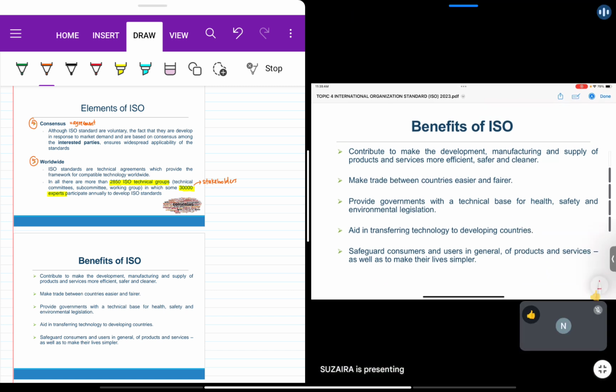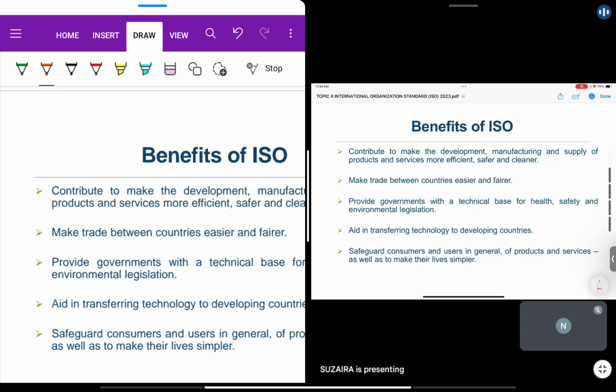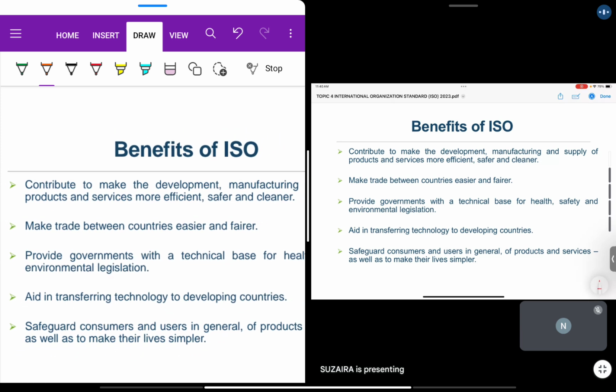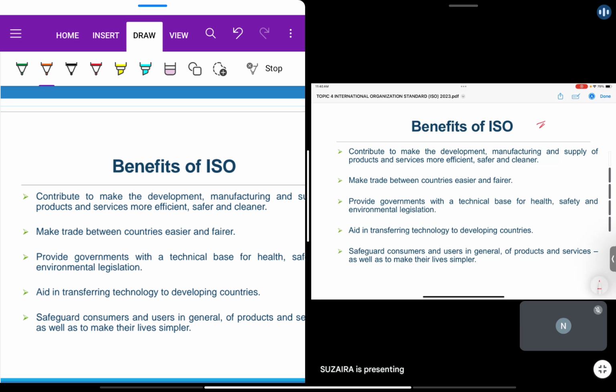So let's take a look at the benefits of ISO. Because ISO means similar, equal, balanced. It's like isometric.